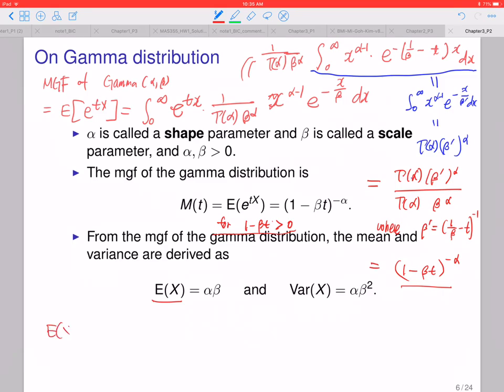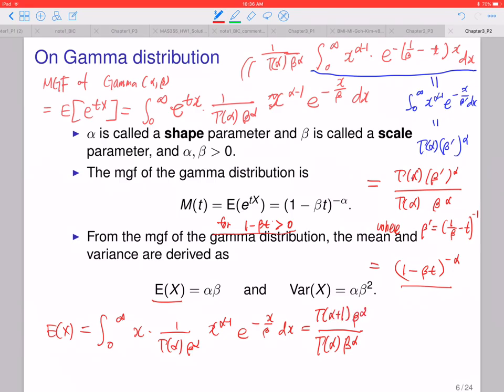For example, to compute the expectation from the PDF directly, it is x times the PDF. Then you have the constant term, and the new term has alpha plus 1 in the exponent, because x^alpha is alpha plus 1 minus 1, so that is a new shape parameter.